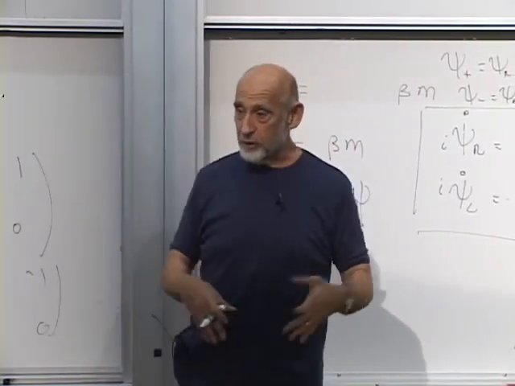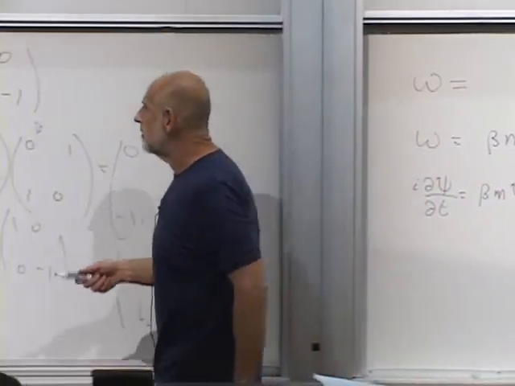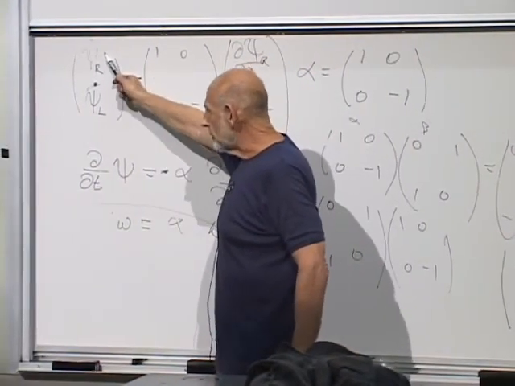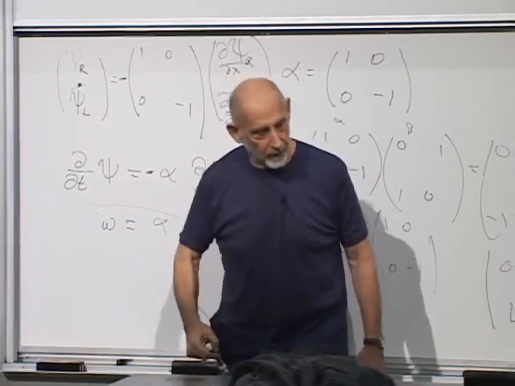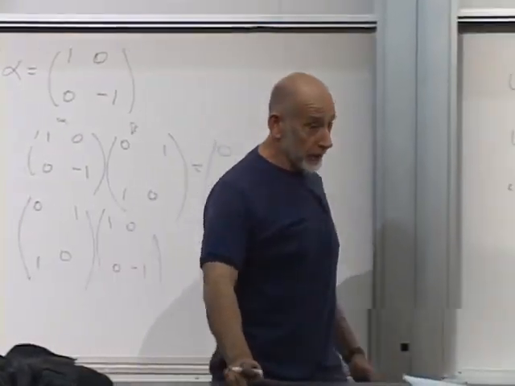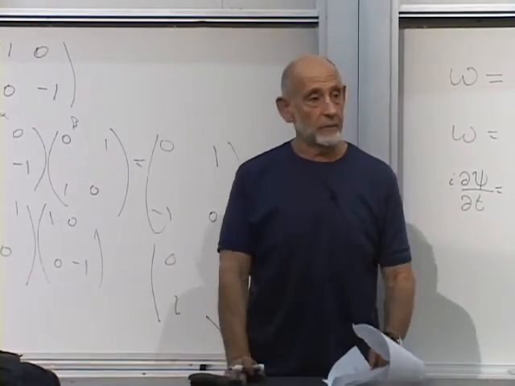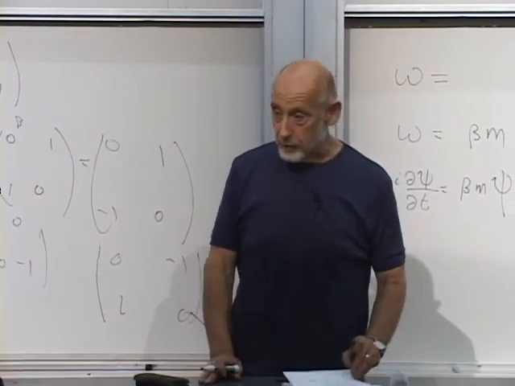It's neither going to the left nor to the right, it just sits there, but it's made up out of these same objects, the upper component and the lower component. Okay, so that's how you make a massive fermion. All massive fermions in particle physics are built out of left movers and right movers.